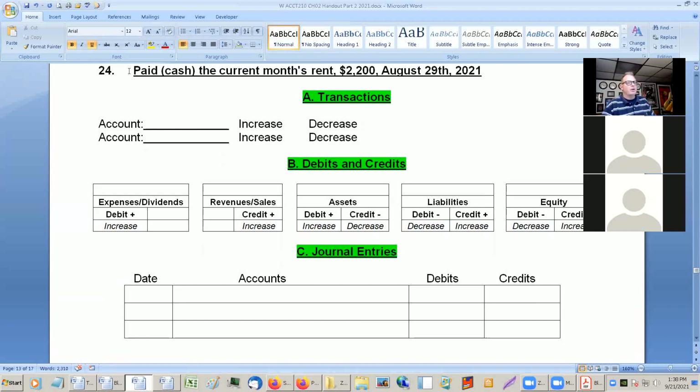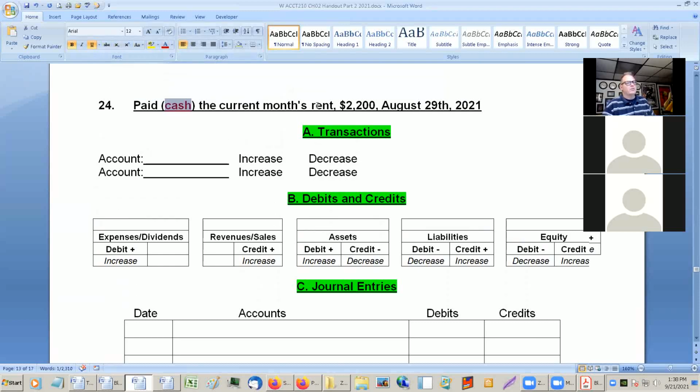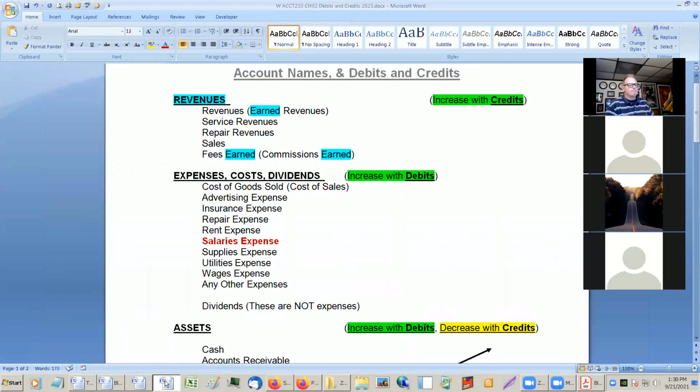Okay, so we paid rent. So accounts we're going to use cash, obviously. And what's probably going to be on the other side? Will it be prepaid rent?